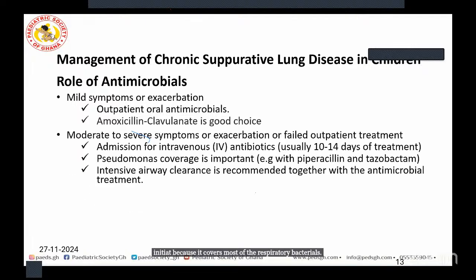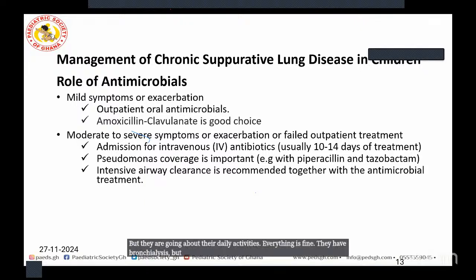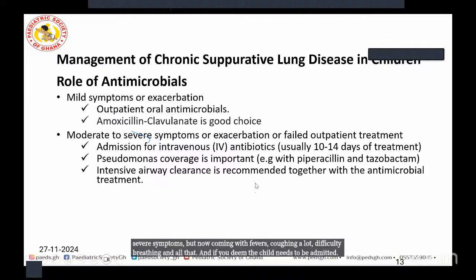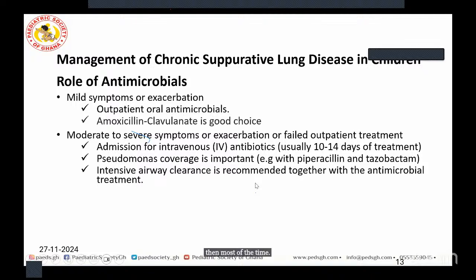But in some situations, they may be severe. So again, the situation where the child has this chronic wet cough, but they are going about their daily activities. Everything is fine. They have bronchiectasis, but they've not had any severe symptoms, but now are coming with fevers, coughing a lot, and difficulty breathing. If you deem the child needs to be admitted, then most of the time, you have to think about doing IV antibiotics.